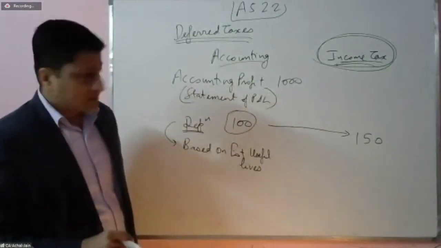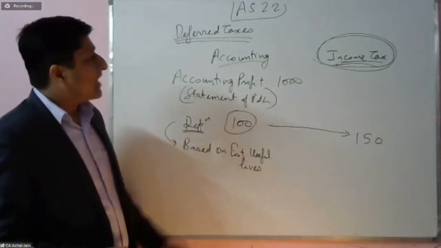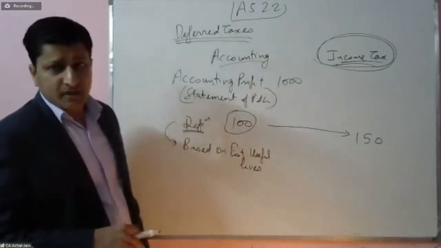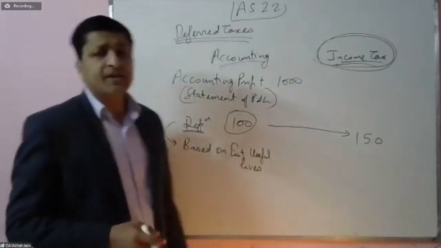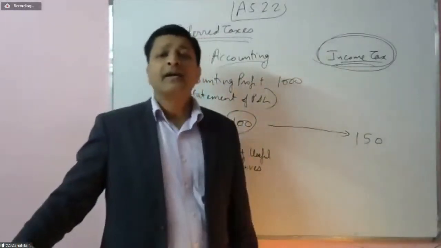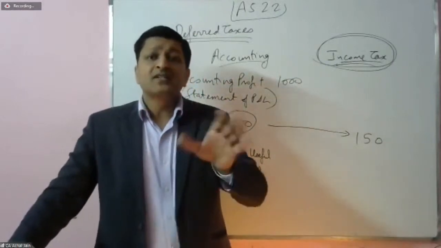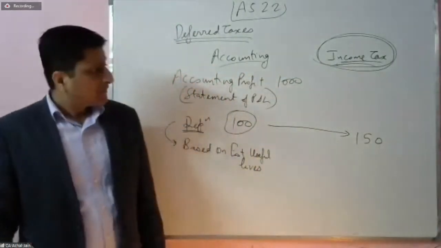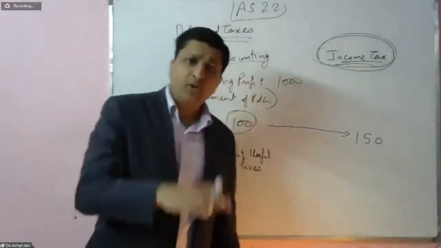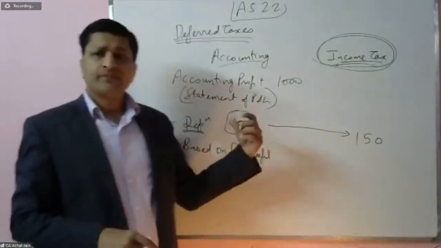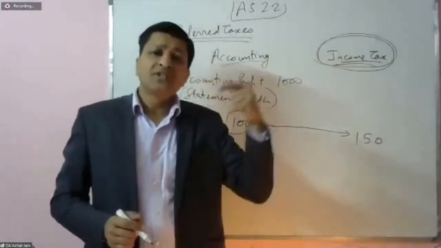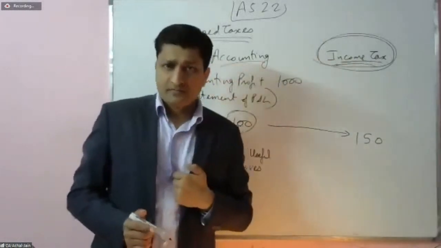If, let's suppose, I have computed a profit of 1000 after considering a charge of 100 as depreciation, which income tax does not allow. Income tax says, no, I don't consider this depreciation. You should compute the depreciation the way I require.